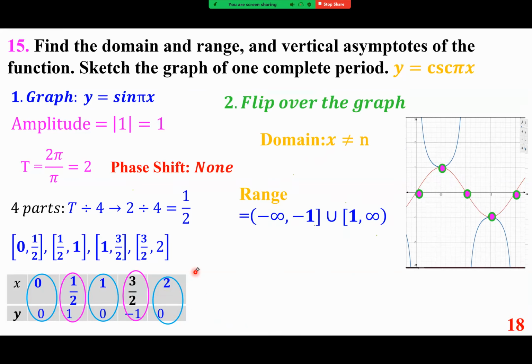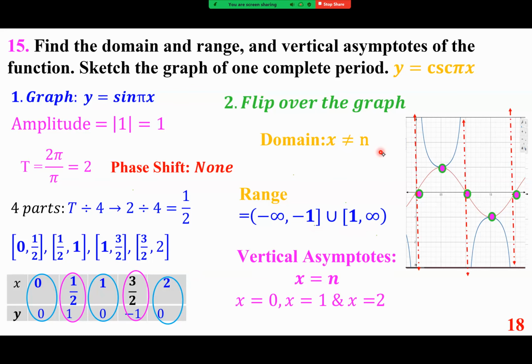Range: everything from -∞ to -1 union 1 to infinity. So basically from -1 to 1 is not covered. And because x can't be an integer, those are vertical asymptotes. For example, x equals 0, x equals 1, x equals 2. And of course, it goes indefinitely on both sides. But this is a complete cycle, a complete period.